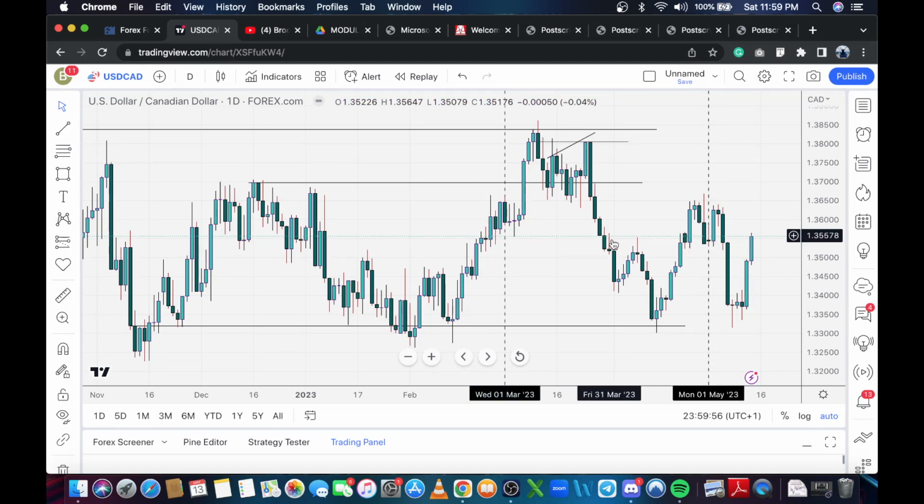Trades through fair value gap, indicating that there's no willingness in terms of price wanting to see bullish sentiment yet, and trades a little bit up and retraces back up into inverted level, which is an inverse fair value gap, which has become resistance in price. And we actually shorted this.